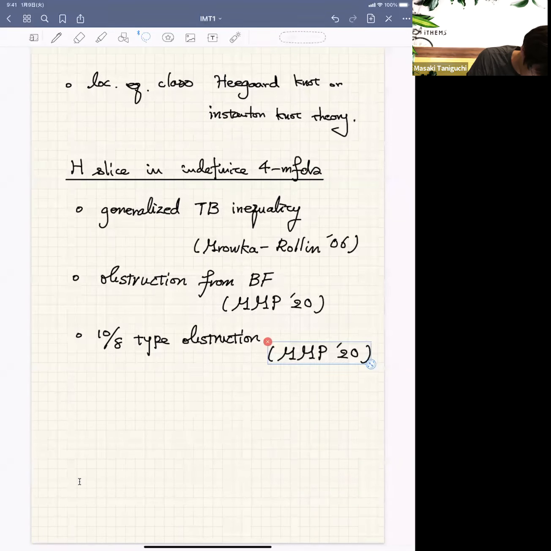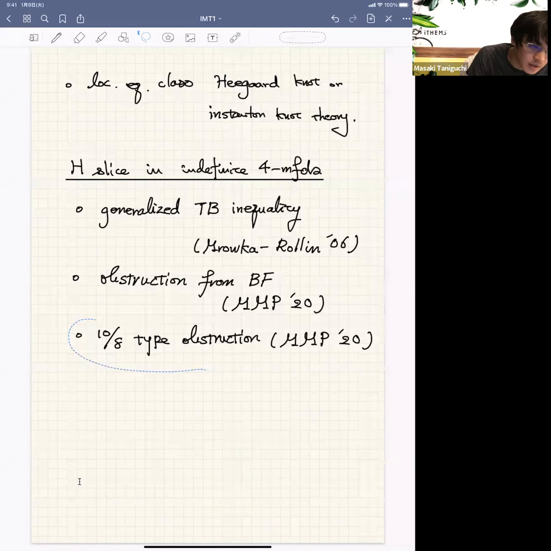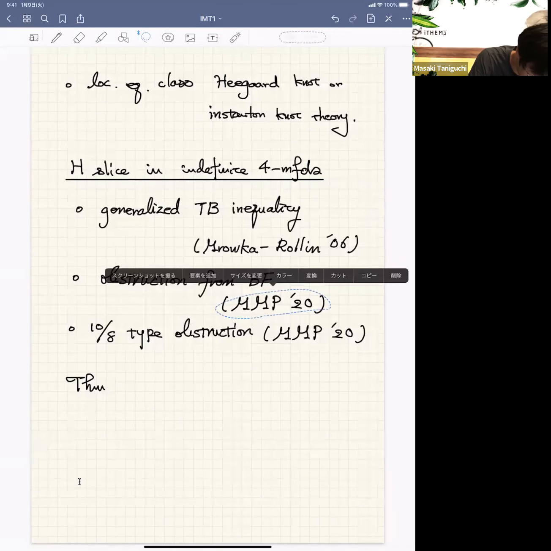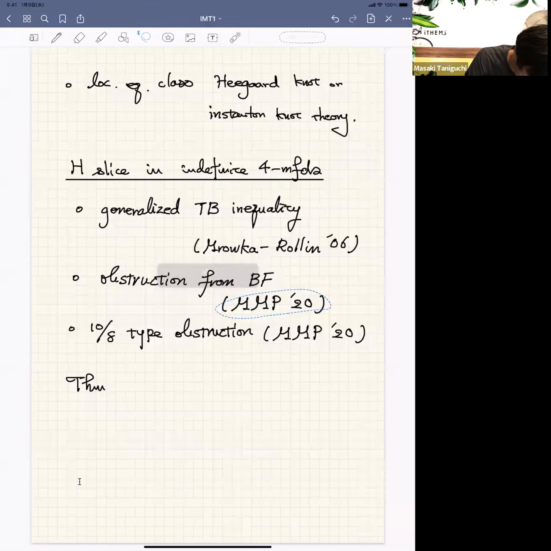And by using these obstructions, Manolescu-Marengon proved the following interesting result for H-sliceness.